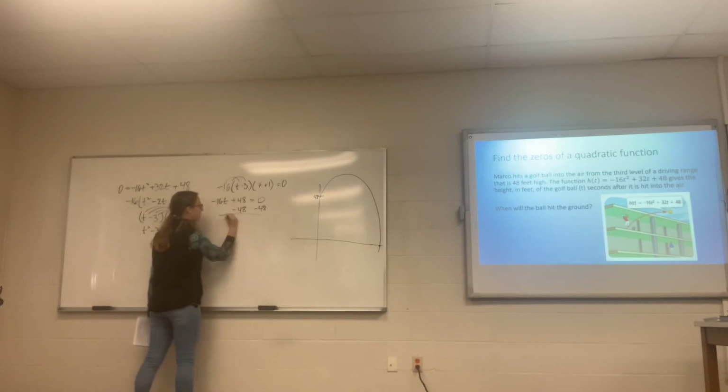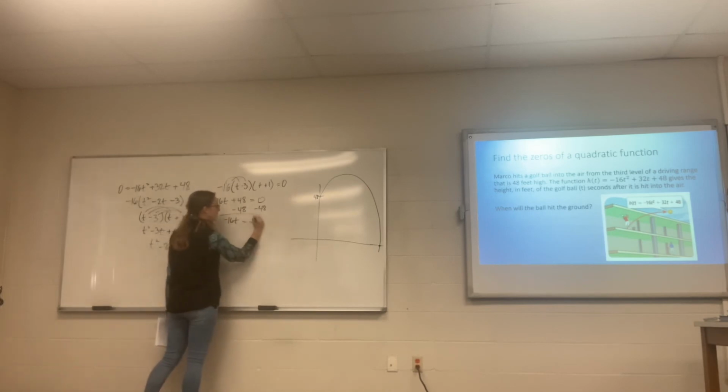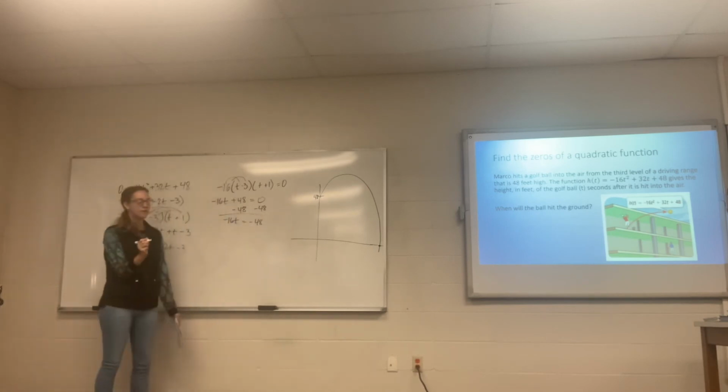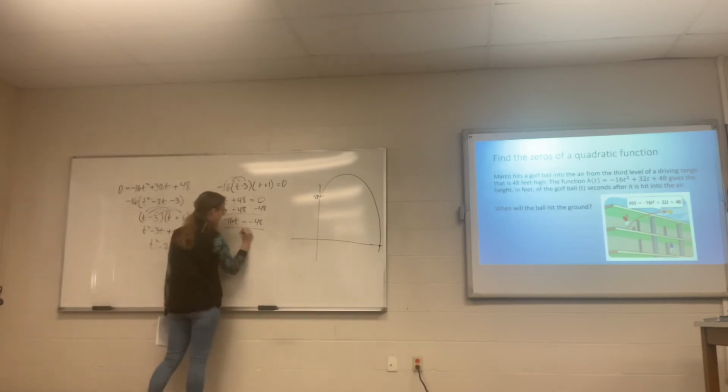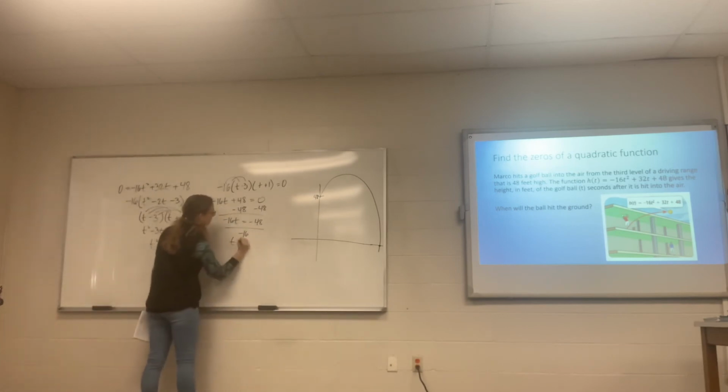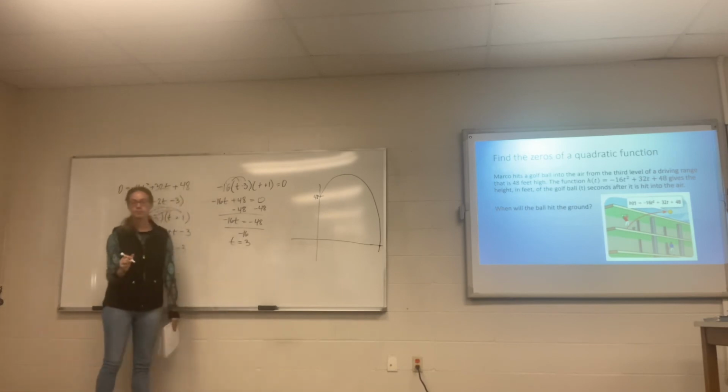So I'd have negative 16t is equal to negative 48. Then I can divide by negative 16. So I get t is equal to 3.